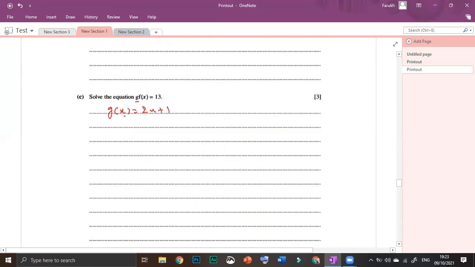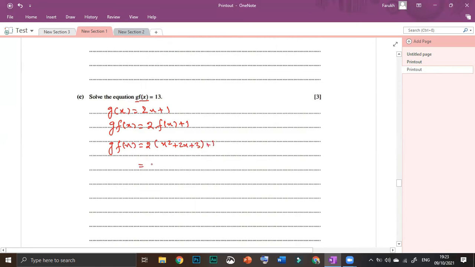Now we will replace this x with this f of x. G f of x is equal to 2 f of x plus 1. G f of x is equal to 2 times x square plus 2x plus 3, the expression for f of x, plus 1.